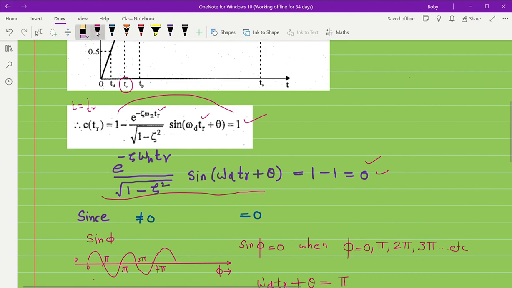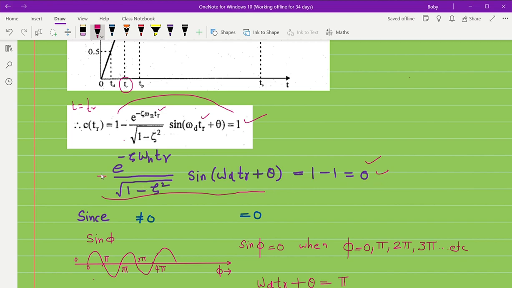So we can eliminate the negative sign, since on the right side we have 0.